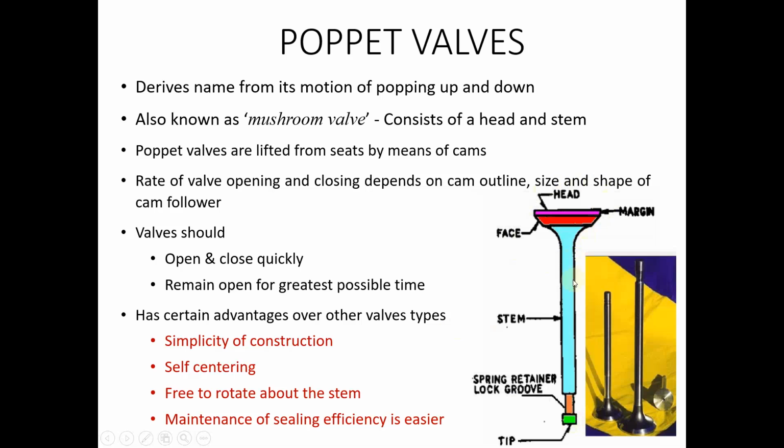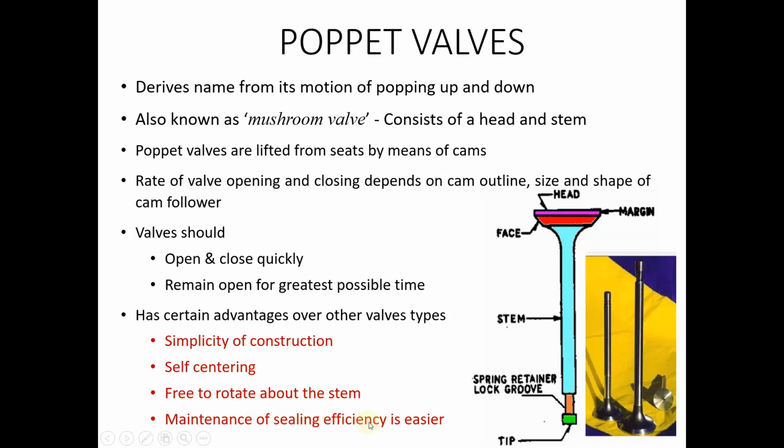So the construction is very simple. It is self-centering. It means after closing, there won't be any problems. It will automatically close, and it will close with the center. And it is free to rotate about the stem. We will see why this free rotation is very important in the engine.